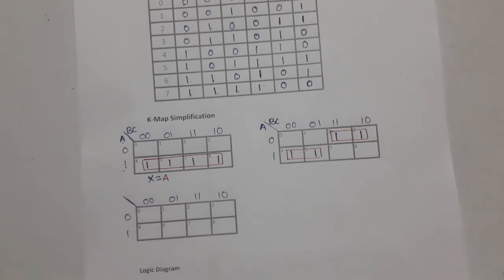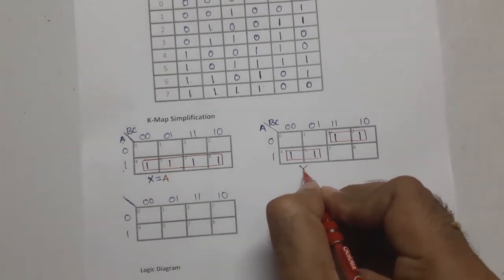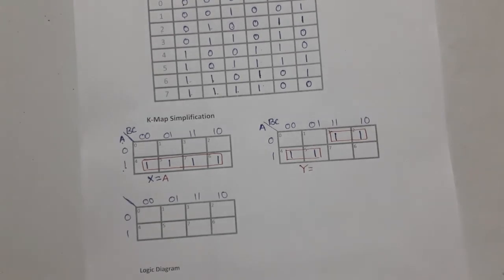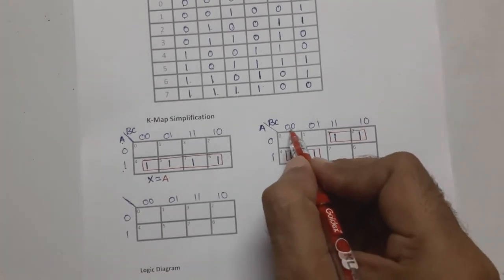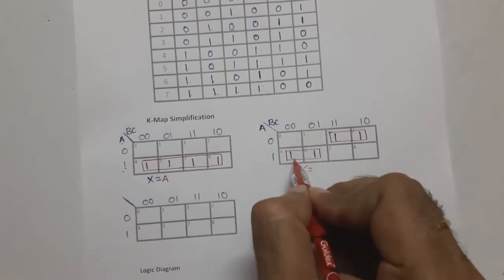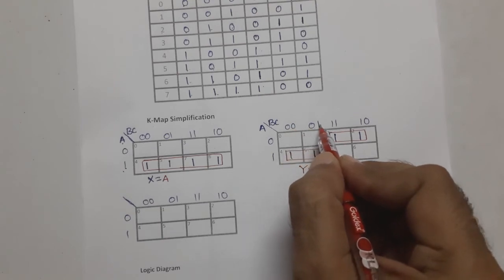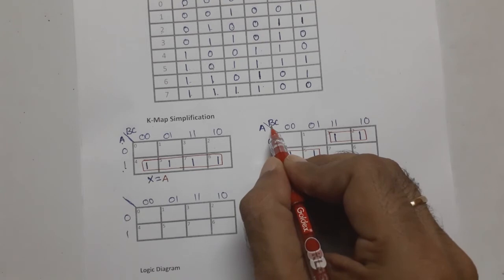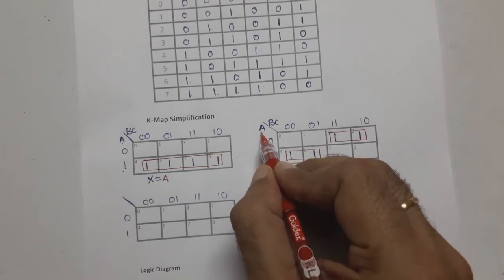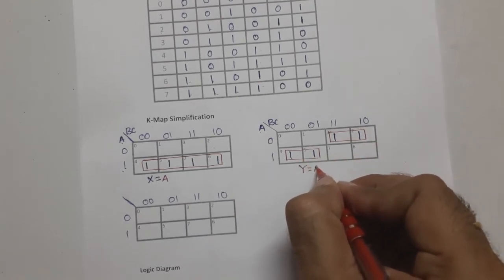The expression for Y is equal to, now here you have 1 and here 0 0 0 1. There are two columns covered, and in these two columns 0 0 0 1, and 0 is common. So this is nothing but B. And this is A.